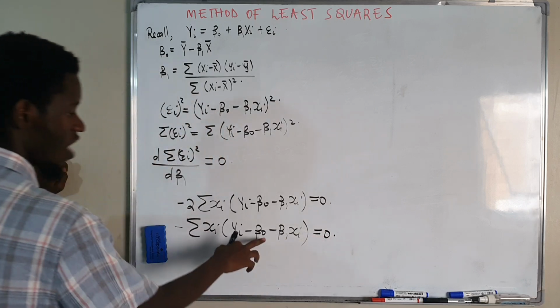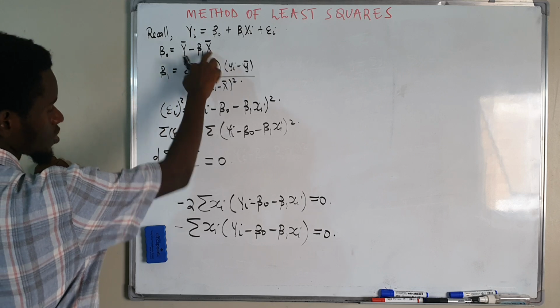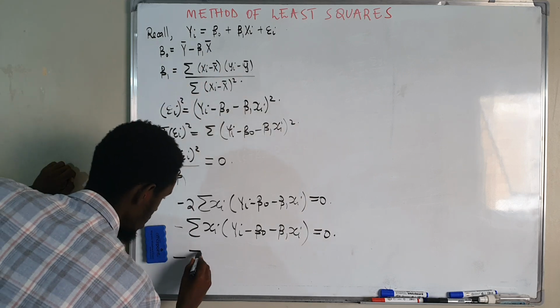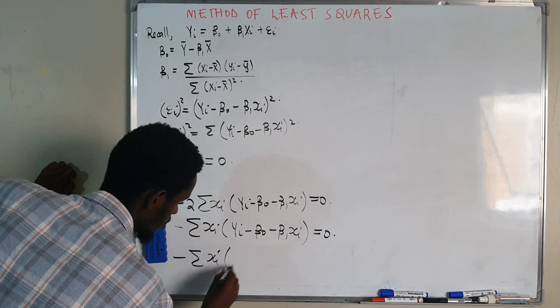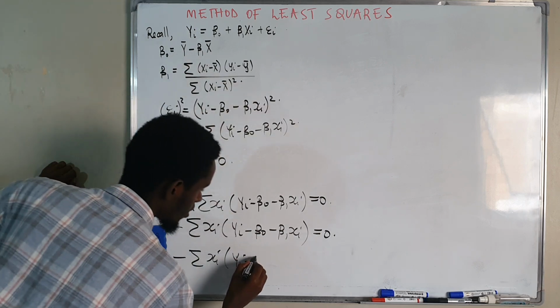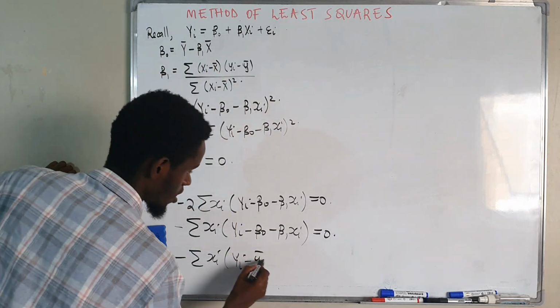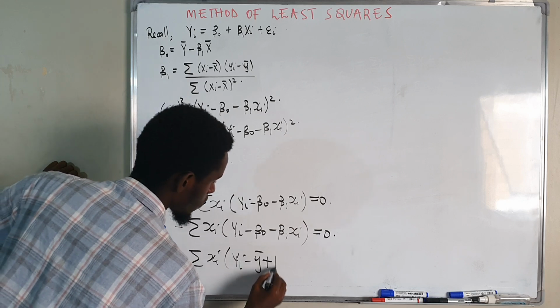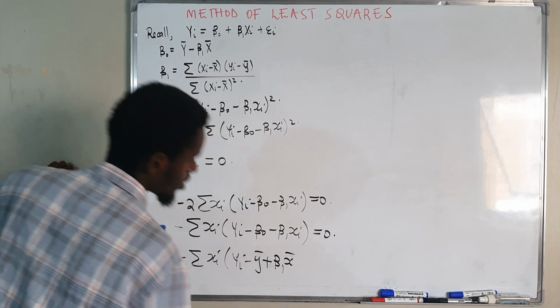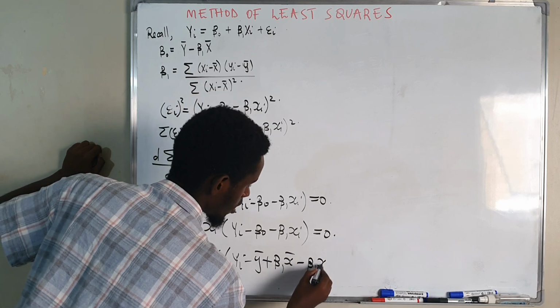equal to 0. Now remember, I know the value of b naught is y bar minus b1 x bar. Therefore, this is the same as the summation of xi into (yi minus (y bar minus b1 x bar) minus b1 xi), equal to 0. The minus becomes a plus, so plus b1 x bar, then minus b1 xi.